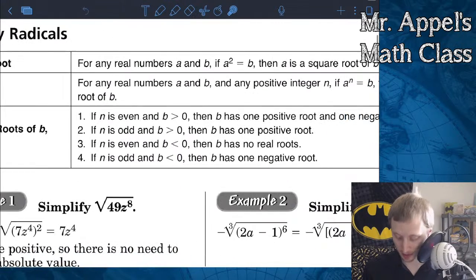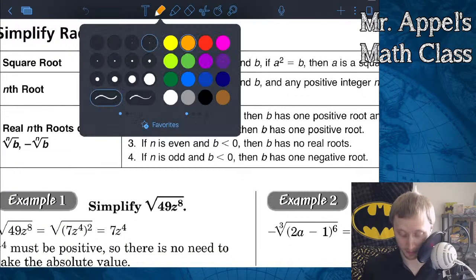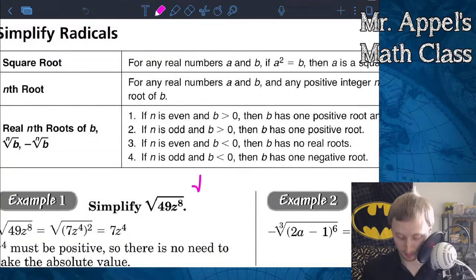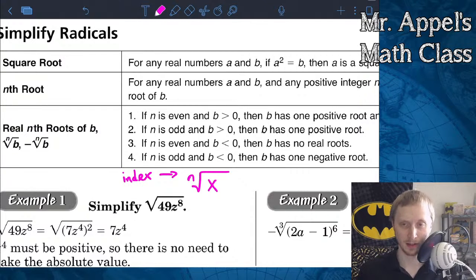So when we have a little spot to write in here, right? Some nth root of x, that little n, we call that the index, okay? So when you're talking about the nth root of something, that's your index. And then the number underneath and with the radical there, we call that the radicand, although nobody uses that word like ever.